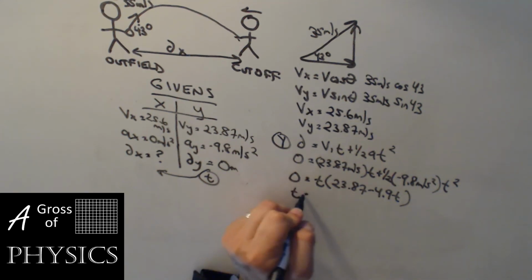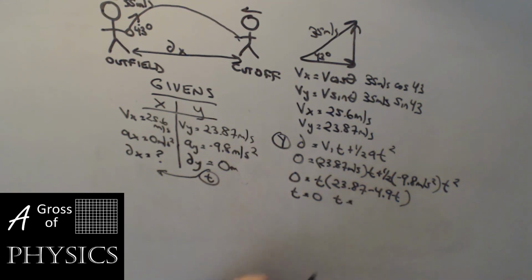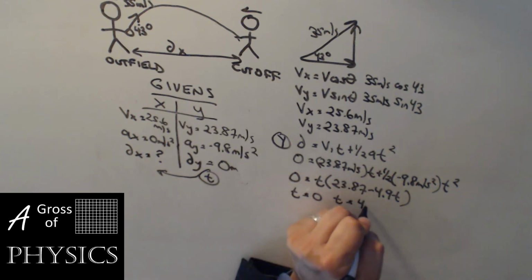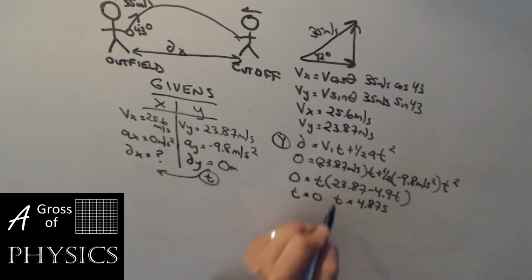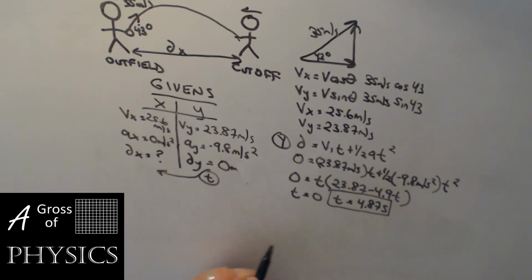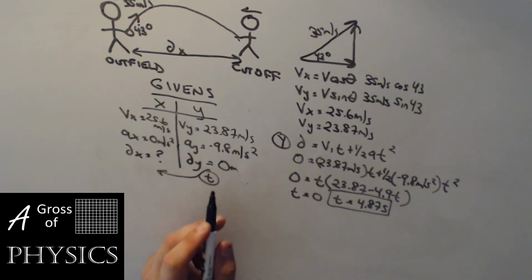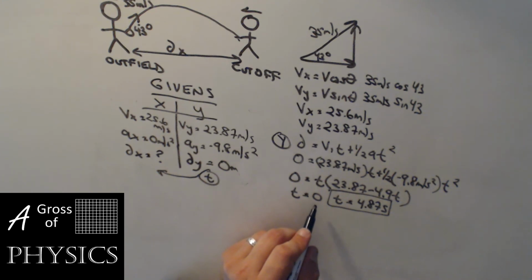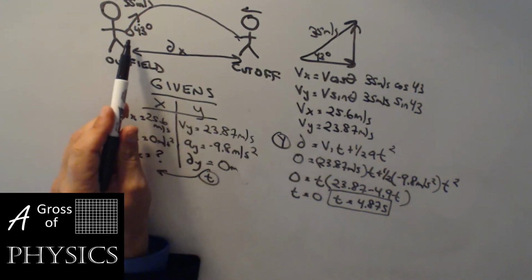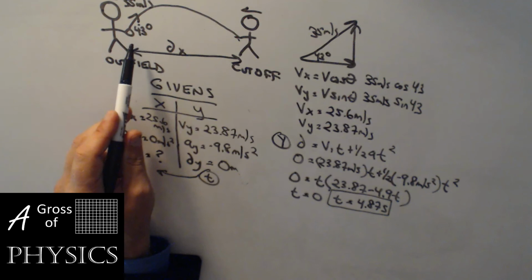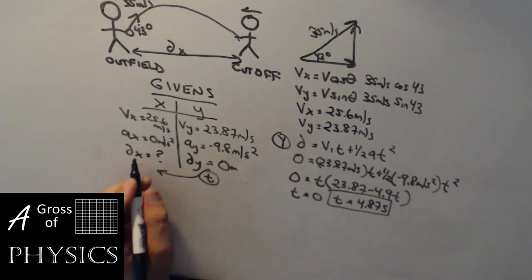So the two roots, t equals 0 and t equals, we'll bring the 23.87 over and divide by 4.9. We'll get 4.87 seconds. So, that being said, the 0 is not going to be useful to us because that's when the outfielder threw the ball, so it hasn't gone anywhere yet. And we'll use the 4.87.